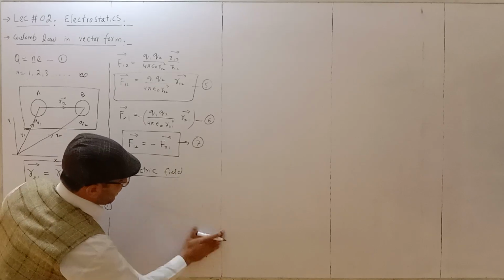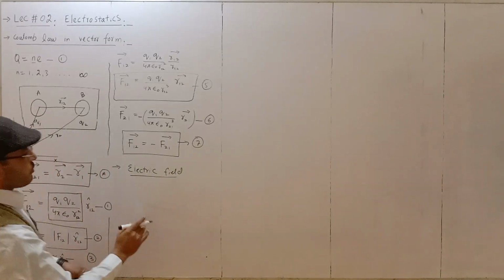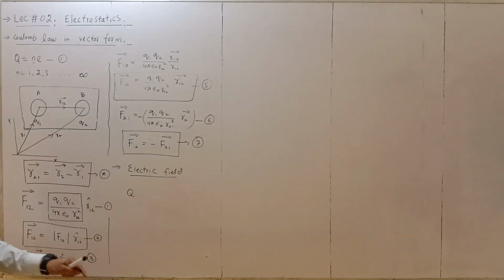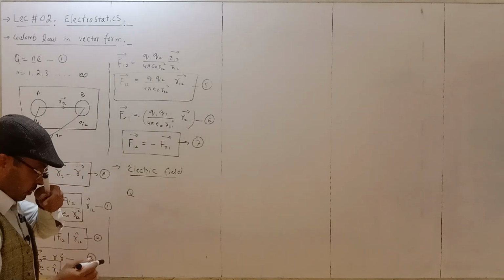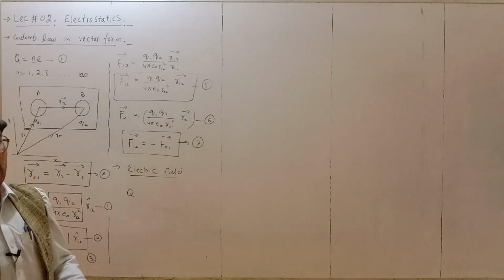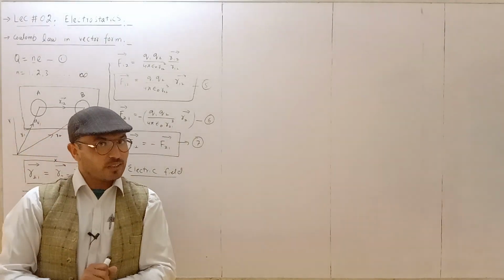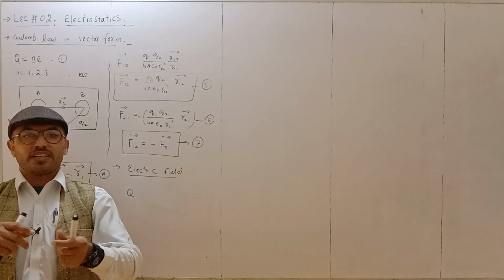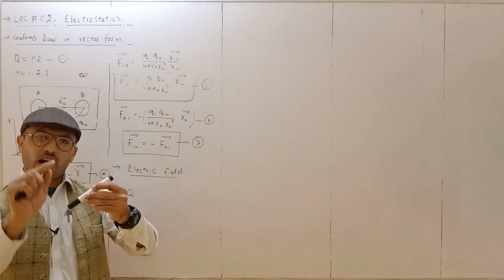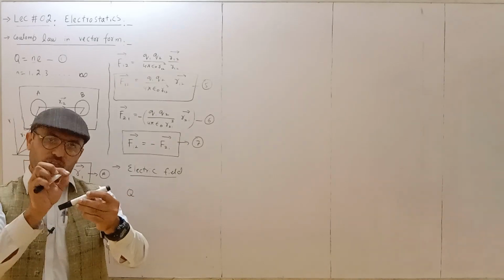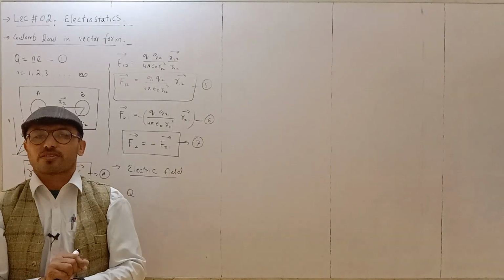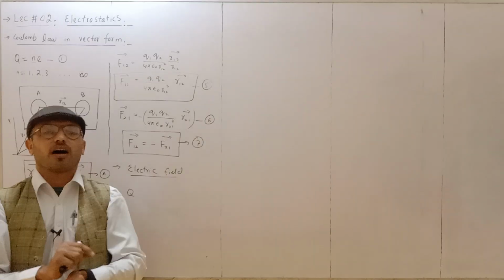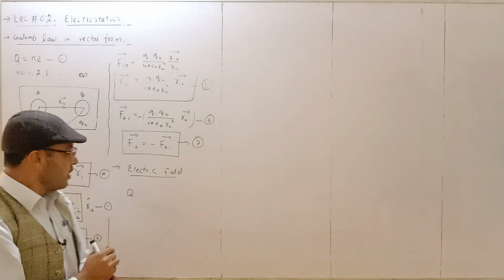In a simple manner, if I have some charged body, a Q, for example, just like Earth's gravitational field, the Earth's gravitational field is basically the region around the Earth in which the effect of the Earth can be felt by some mass. So the region or space around this Earth is called the Earth's gravitational field.